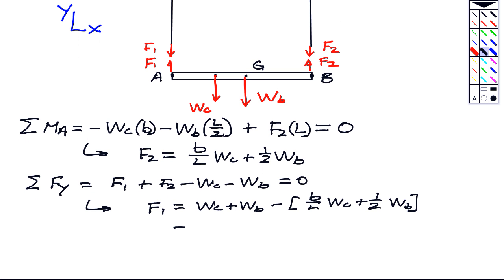So F1 ends up being 1 minus B over L, the weight of the crate, and again, it's carrying half of the weight of the bar, which is what you would expect.